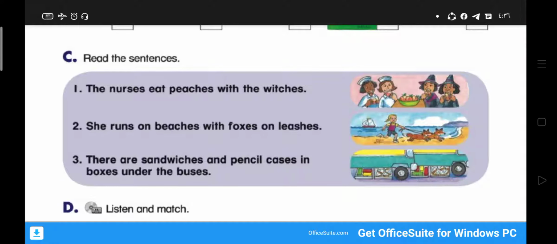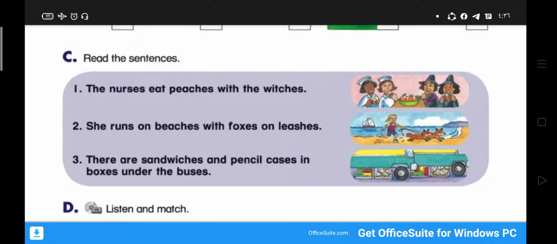Again, if the word ends with sh, ch, ss, x, o, we make plural by adding es, not only s. If we look here, the word witch ends with ch. We put es to make plural, witches.